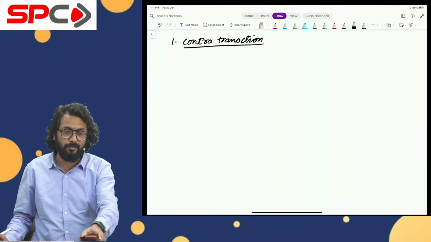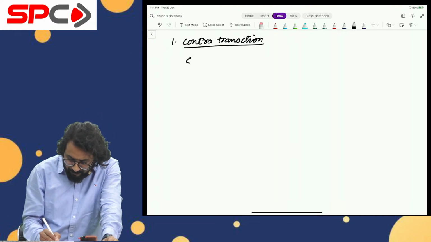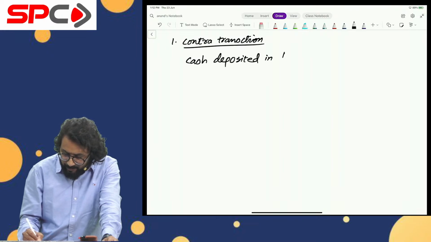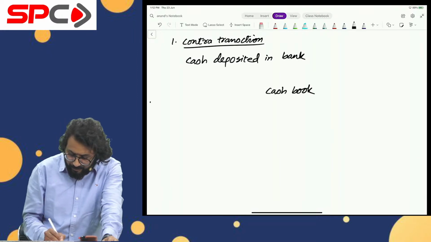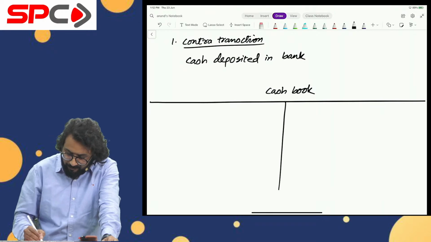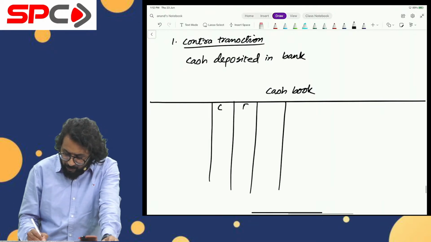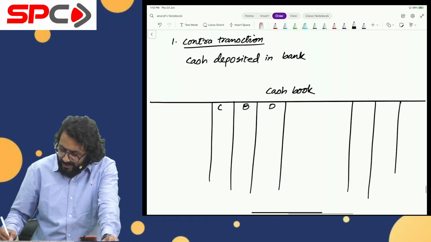I don't have any page number. So how do I explain this to you? Please see. Suppose cash deposited in bank. If you see the cash book, please, no hurry, please check. Now I have cash, bank, discount, and again on the credit side I have cash, bank and discount.